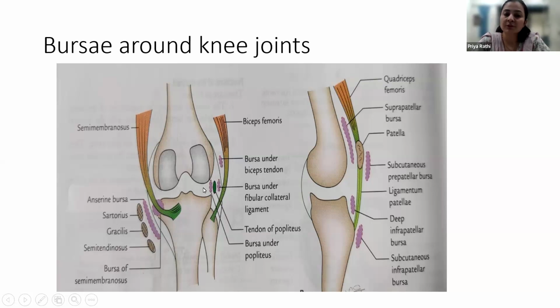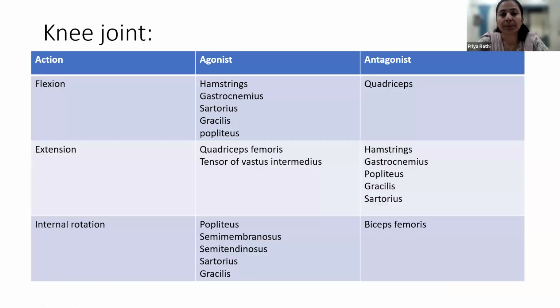The 4th bursa posteriorly is the bursa under the popliteus. Medially, there is pes anserine bursa and laterally there is fibular bursa, and all the bursae are not shown in this image. So 4 bursae anteriorly, 4 posteriorly, 1 medially and 1 laterally.